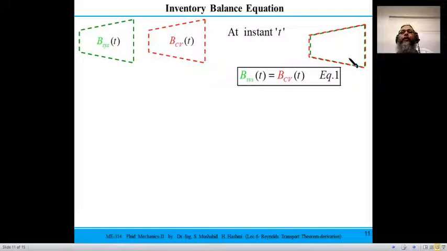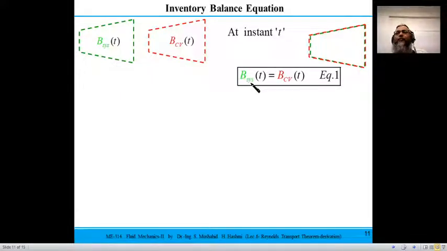So mathematically we can write it like this. We say that the extensive quantity of the system at time t is the same as the extensive quantity of the region of interest, which we call the control volume, at that instant.